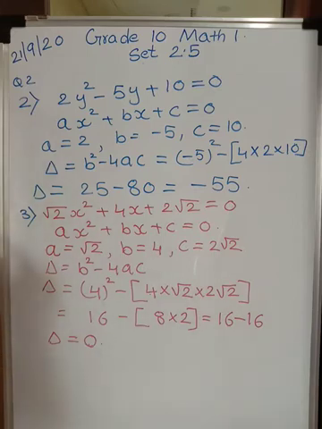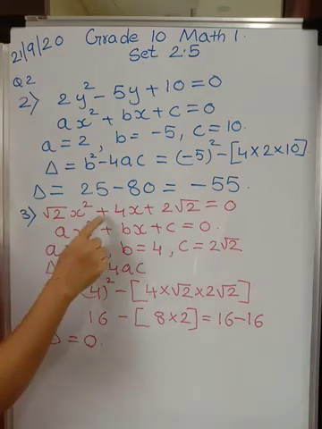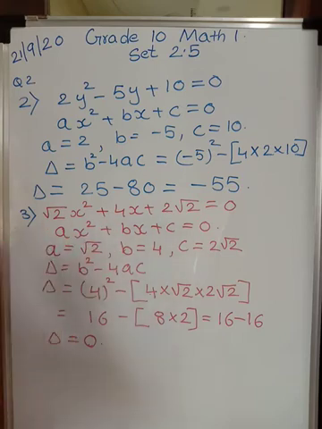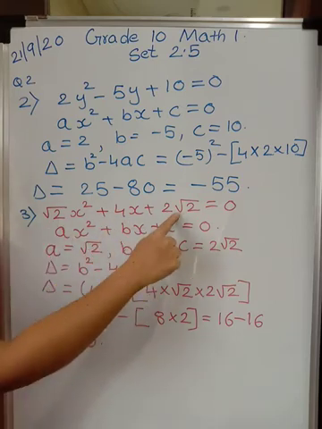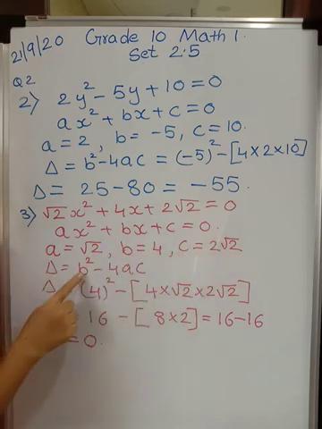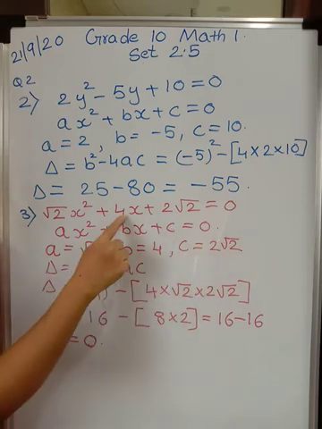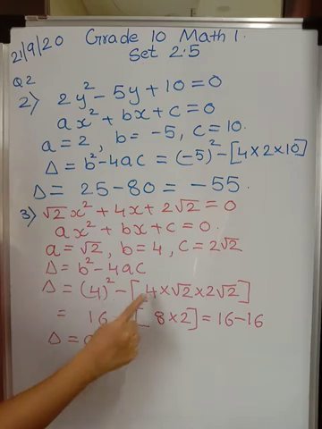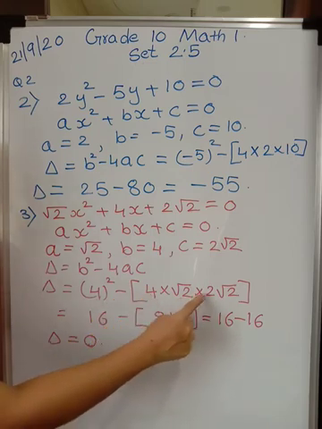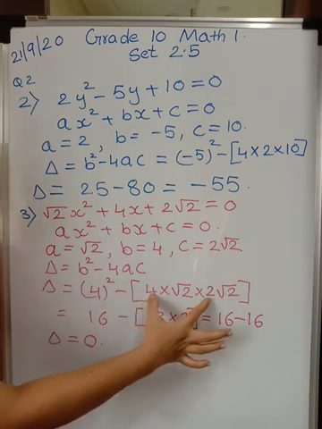Look at the third equation. Root 2 into x square plus 4x plus 2 root 2 is equal to 0. What is a? Root 2. What is b? 4. And what is c? 2 root 2. Now we have to find b square minus 4ac. b is this 4 square minus 4 into a is root 2 into 2 root 2. 4 into 2 is 8.